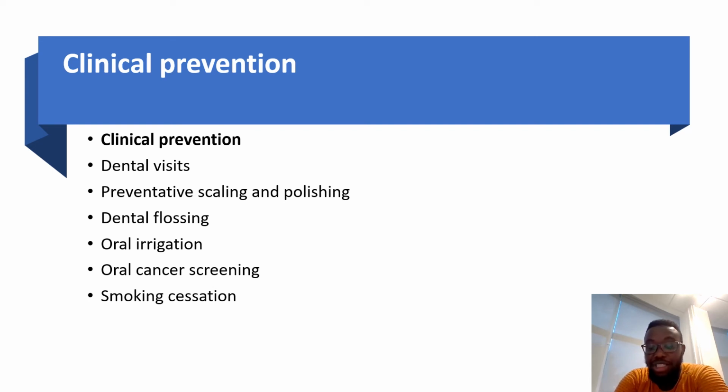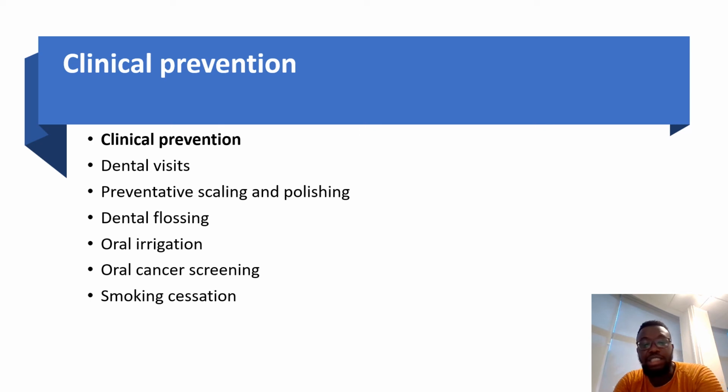So I believe that the first step in clinical prevention will be effective dental visits, because it is when you visit the dentist that they will be able to do regular oral examination, find out whether you have developing diseases, and also monitor your condition.